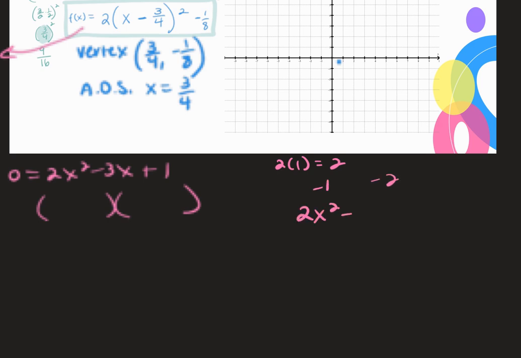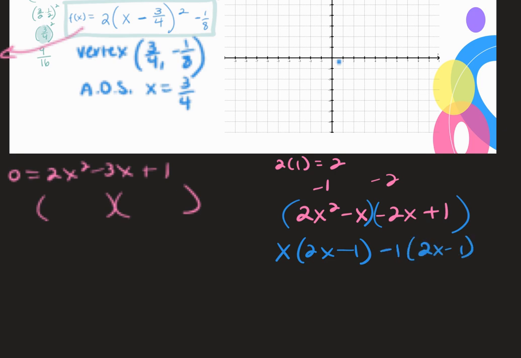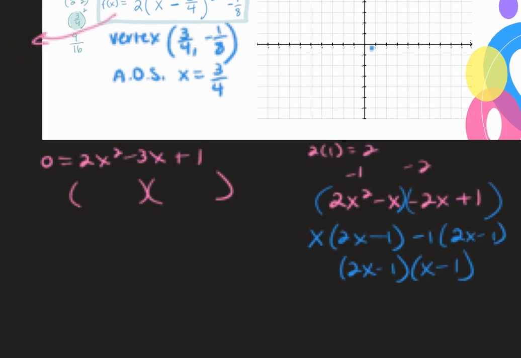Replace your middle term with those two terms and factor by grouping. Take out an x. Take out a negative 1. And I get 2x minus 1 and x minus 1. Now I split and solve, and I get 1/2 and positive 1 for my x-intercepts.